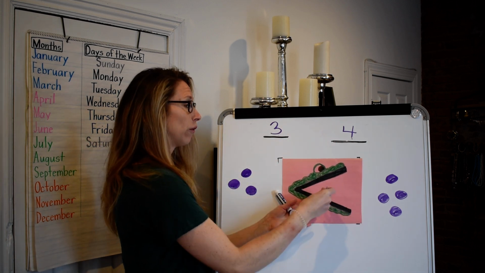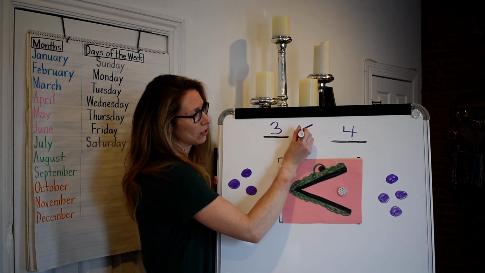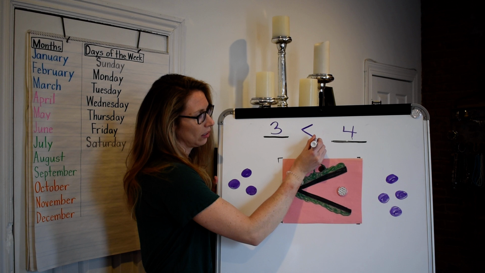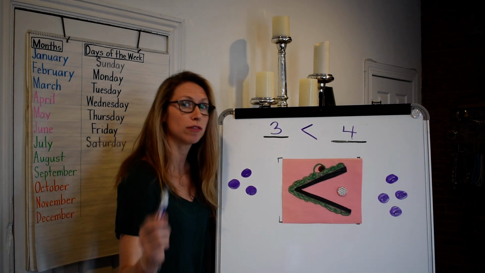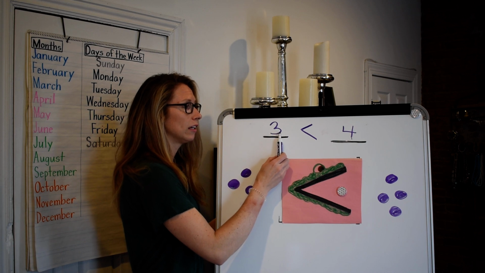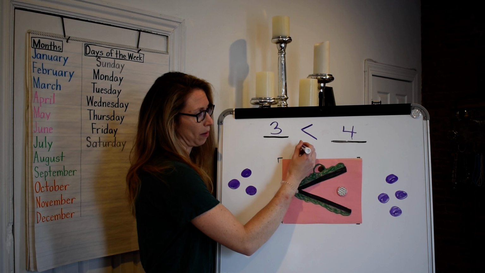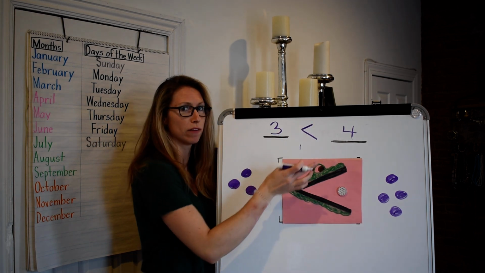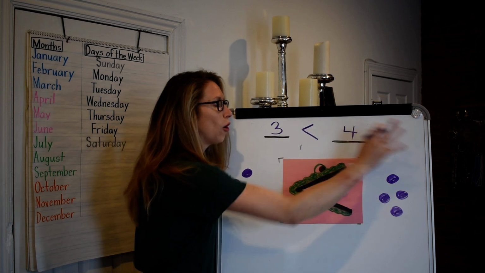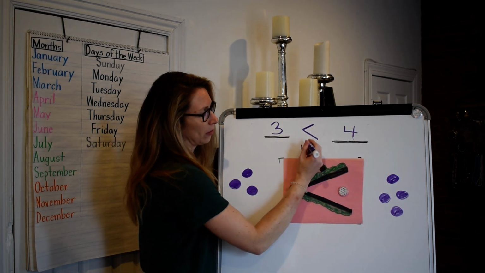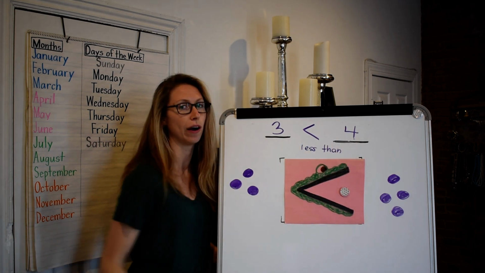He wants to eat 4 grapes. Good. So our sideways V would be facing our bigger number 4. Now we would read this, 3 is less than 4. So remember, if this symbol is facing away from the first number, we know that this number is smaller because it always wants to open and eat the other number. So 3 is less than 4.